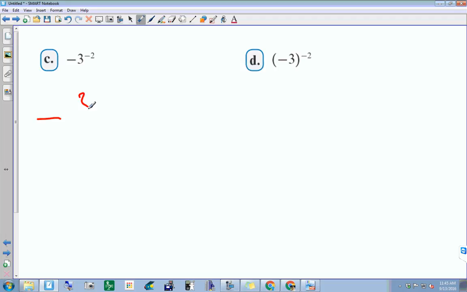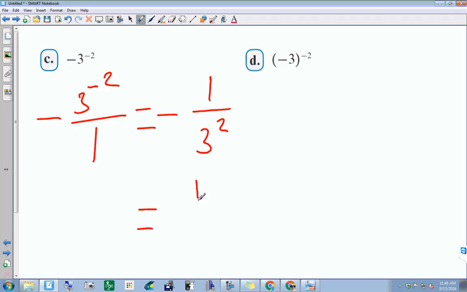Well, this was 3 to the negative 2. Put that over 1. So now it's going to be equal to negative, this negative still out in front, and then 1 over 3 squared. So what's this one going to be equal to? 1/9, but it's got to be a negative 1/9, because that negative was outside of the parentheses, so it stays out in front.